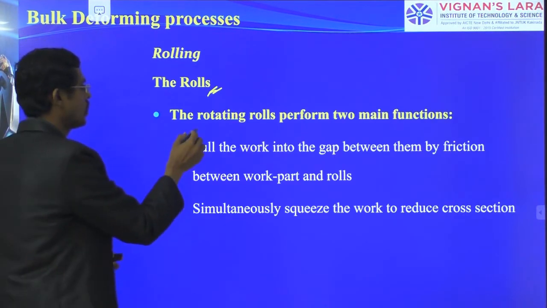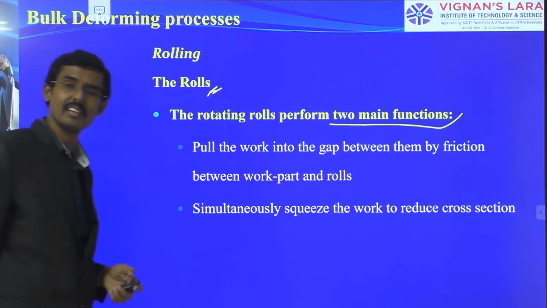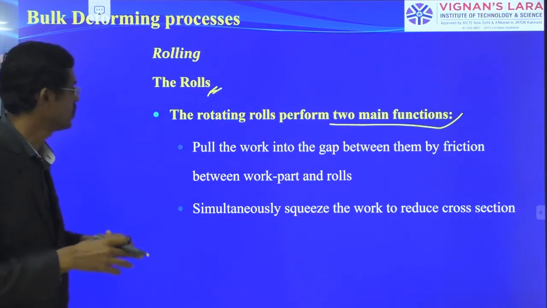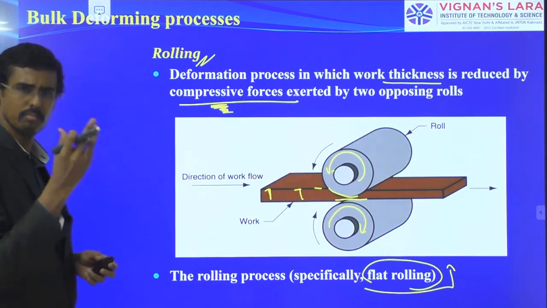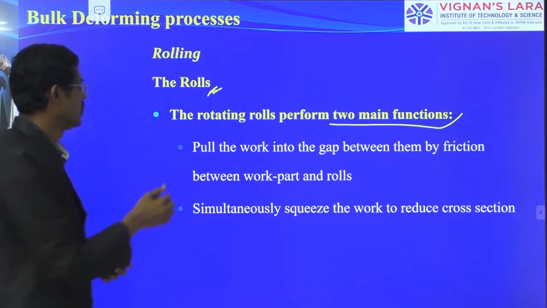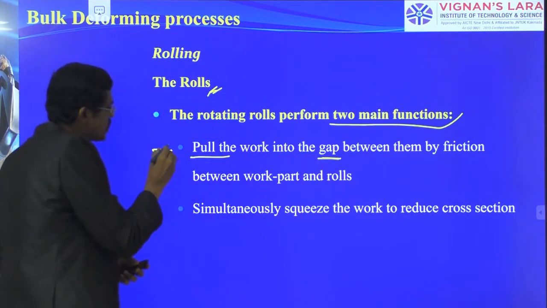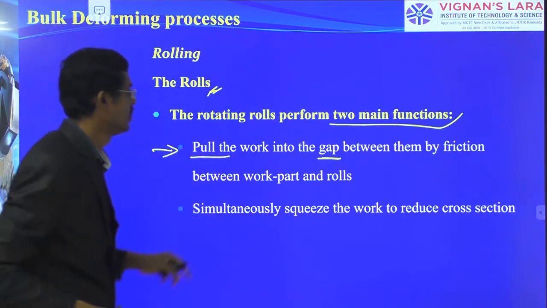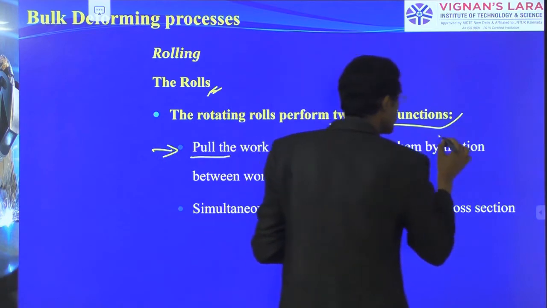You see, the rotation of rolls performs two main functions. What are they? The rollers are going to rotate. What it does is mainly compress. It pulls the workpiece into the gap between them by friction.